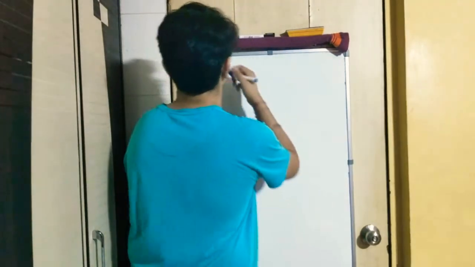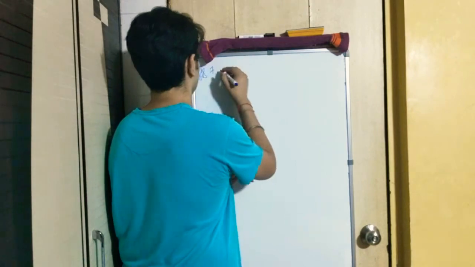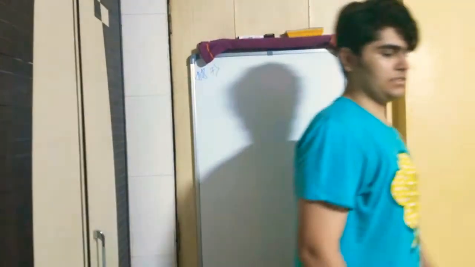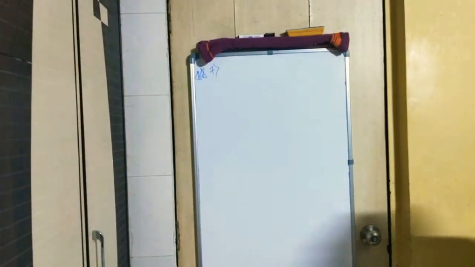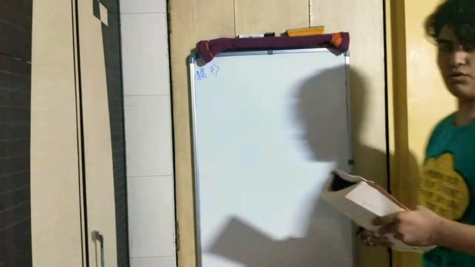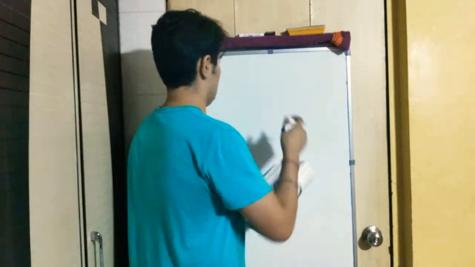Using a different pen, an important sum. This sum can come in matrices. If there is a tough sum of exercise 8.3, which we are going to do in the next class, then that sum comes for 4 marks, and if such sums are there, it comes for 2 marks or 3 marks.